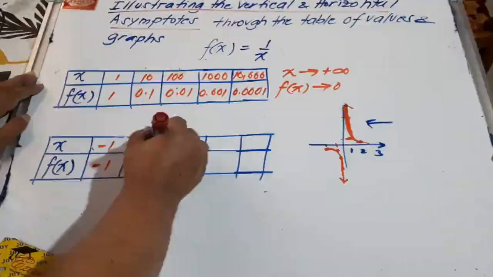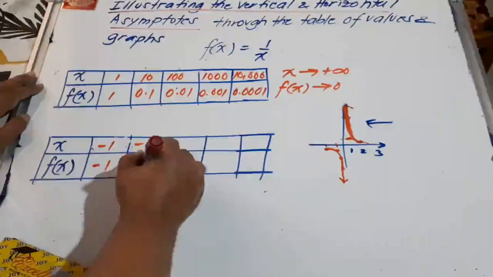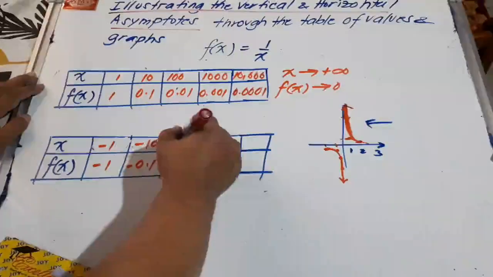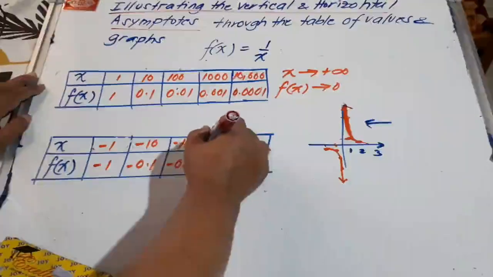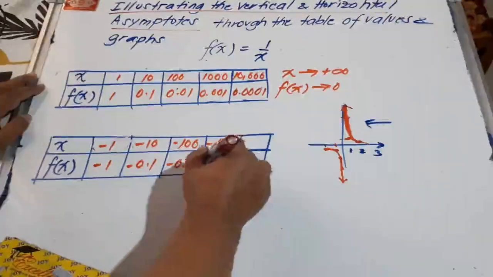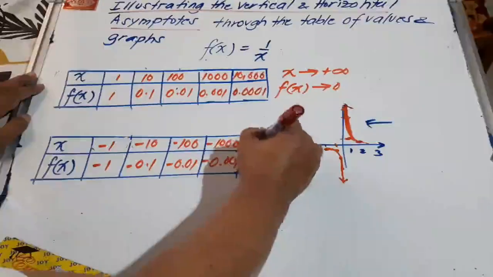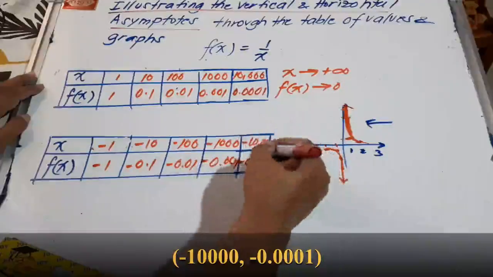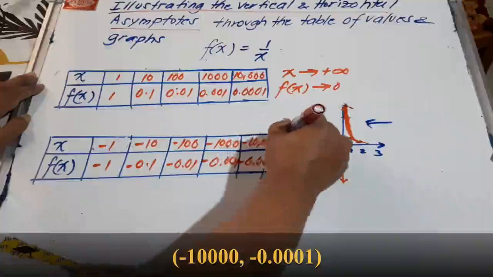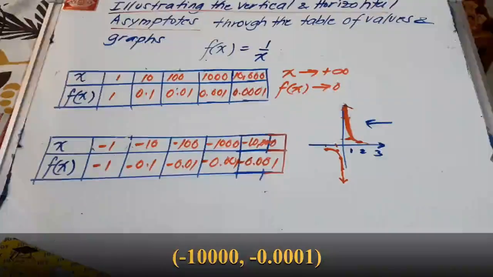It's negative 10. Negative 0.1. Negative 100. Negative 0.01. Negative 1,000. Negative 0.001. And negative 10,000, we have negative 0.0001. Okay.